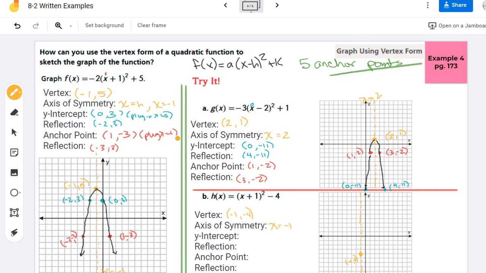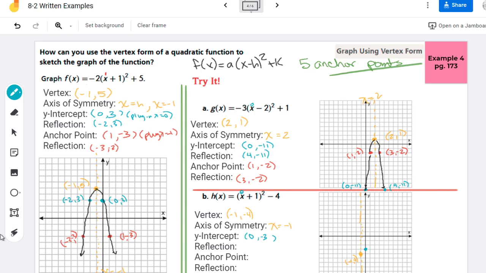Alrighty. So now I want to get my y-intercept, so I'm going to plug in a 0 for x to get my y value. So if x is 0, this set of parentheses is 1. 1 squared is 1, so this whole thing is 1. Minus 4 gives me -3. So my y-intercept is at -3.